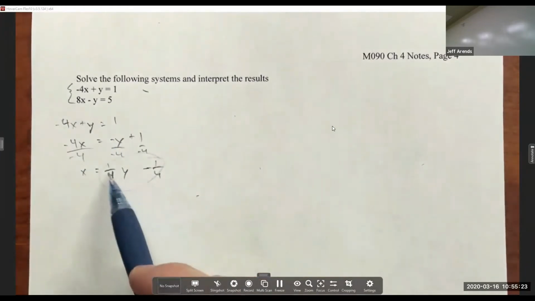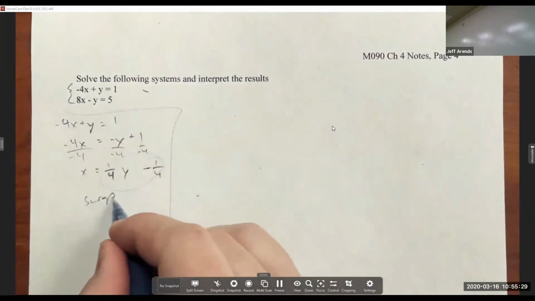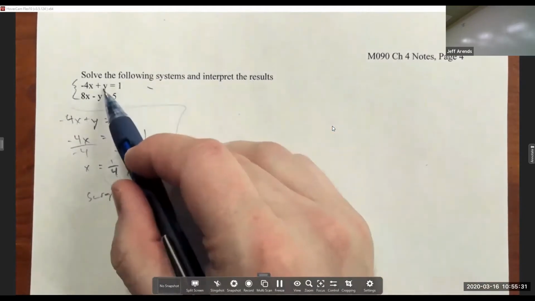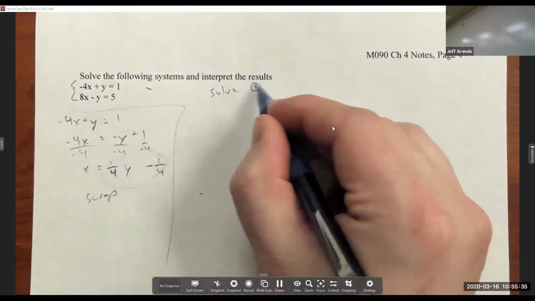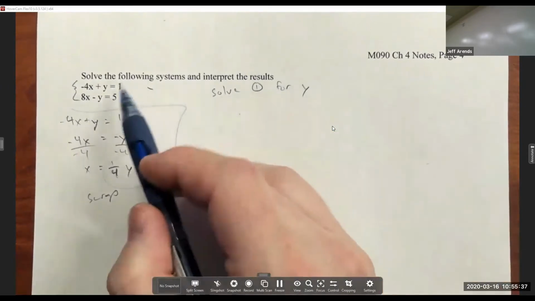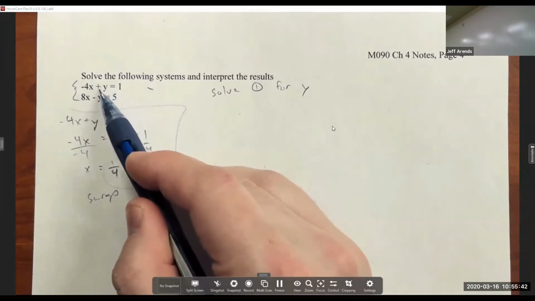But I'd rather not work with fractions if possible. So I'm going to scrap this and start over, and solve the first equation for y, again because its coefficient is 1.